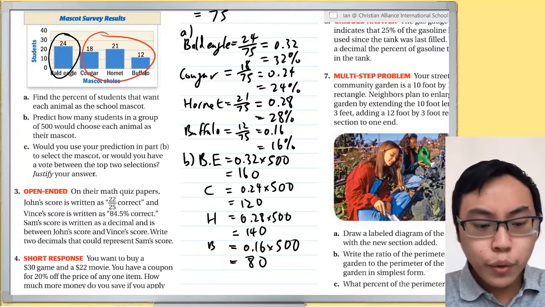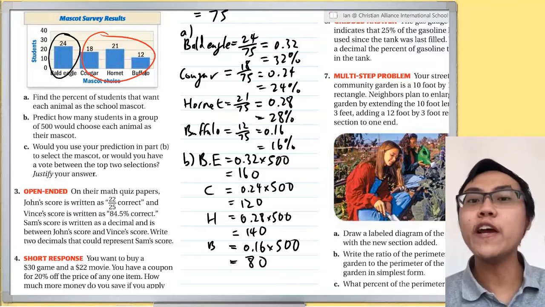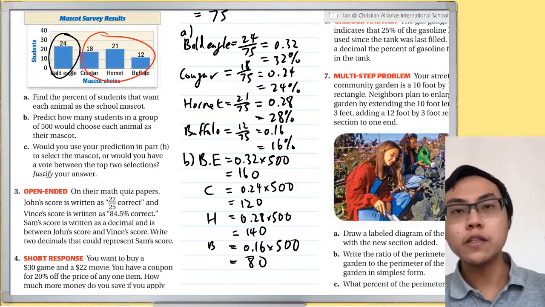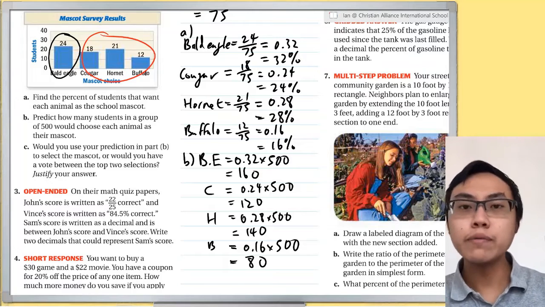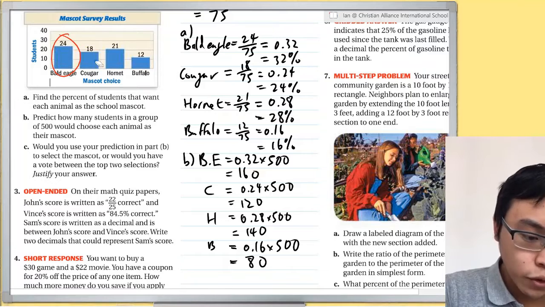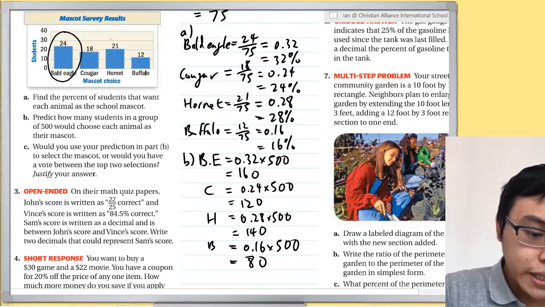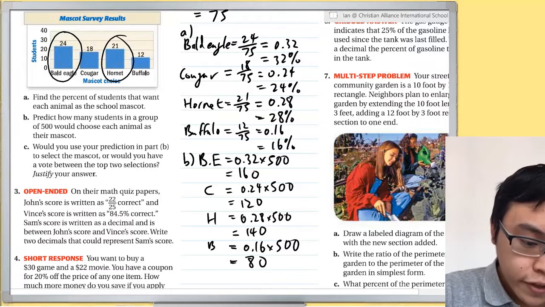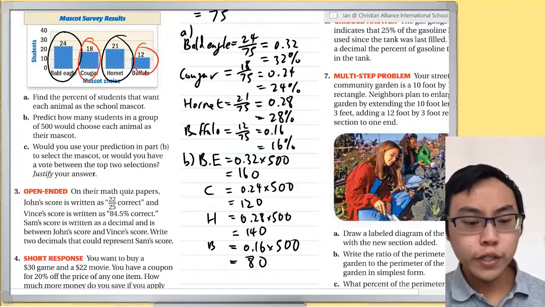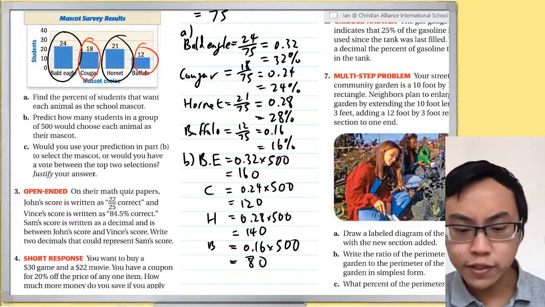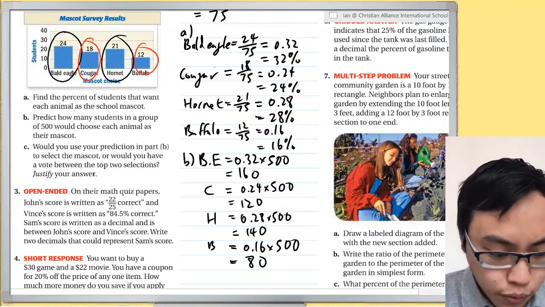And so perhaps a more fair way to choose a school mascot rather than choose the top one straight away is perhaps you would choose between the top two, which were bald eagle and hornet. I'm just explaining my answer. These were the top two. And then this gives the other, no, not 30%, the 18 and 12 out of the 75, which was Cougar plus Buffalo.